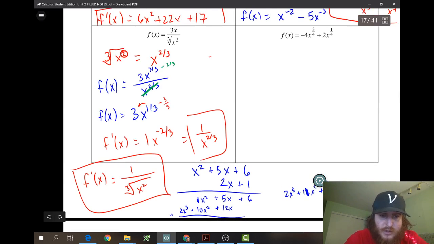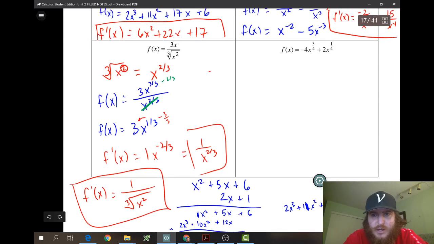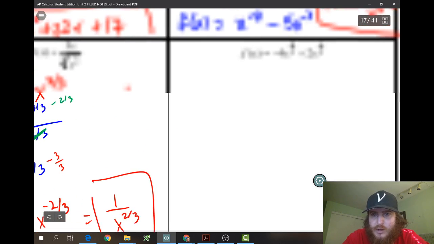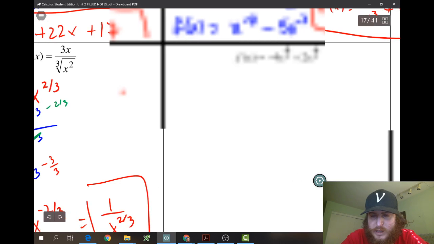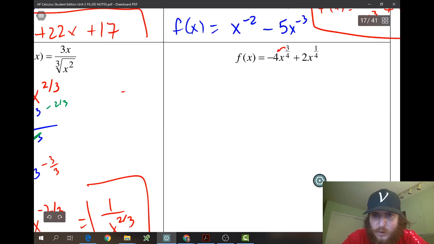Okay, I know this is new for some of us, so maybe play back that part of the video and rewatch it one more time. But we are going to do one more example that has to do with these, but they're as fractions. So we don't have to rewrite the radical. So in this one, first step is going to be to take the 3/4 and multiply by negative 4.